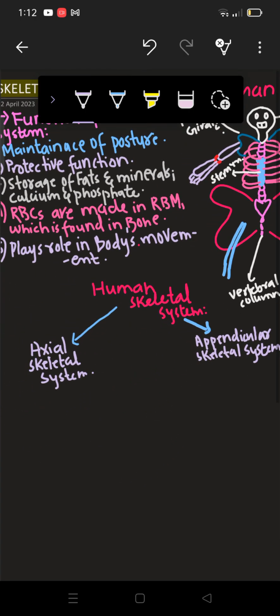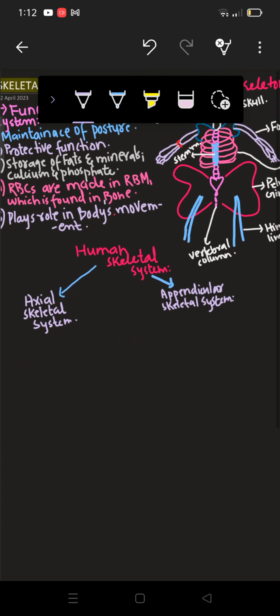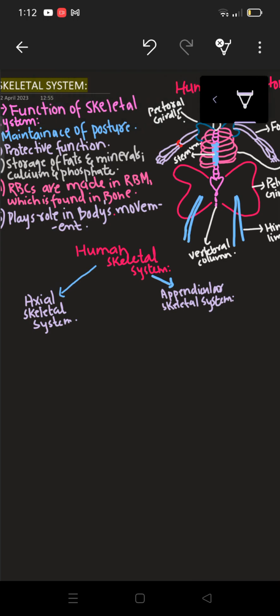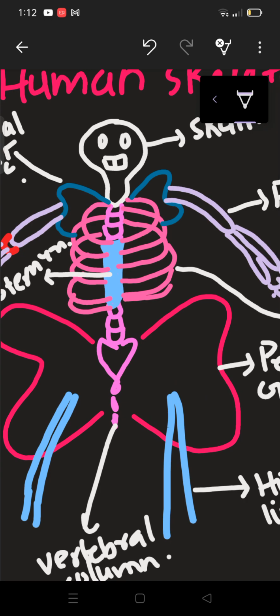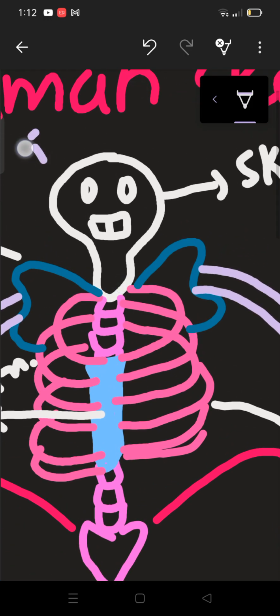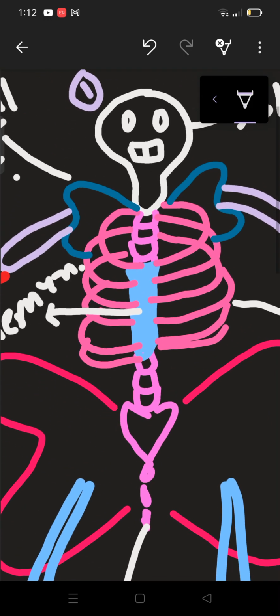So now what is the axial skeletal system and what is the appendicular skeletal system? Let's check that first. Axial means the parts which lie on the axis of the body. Axis means center. So what structures are present in the center? You can count with me here. First one is the skull. Second one, we do have ribs.